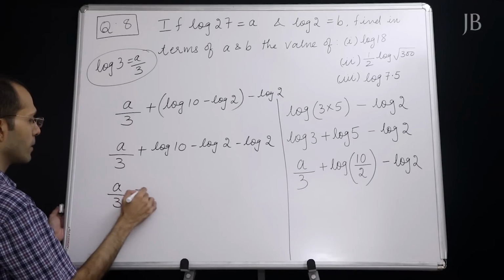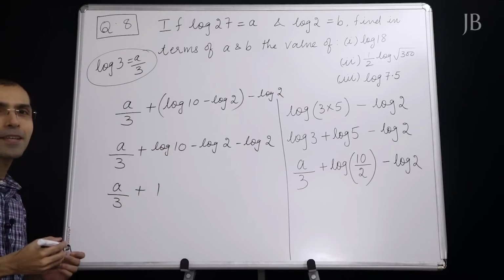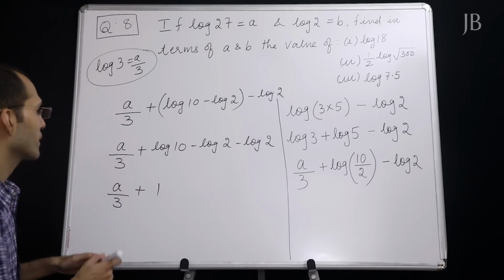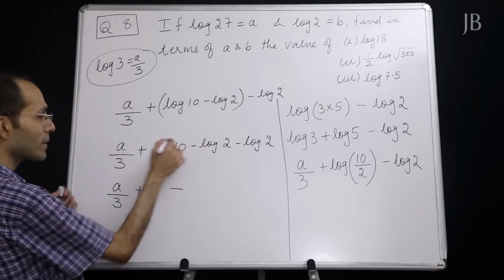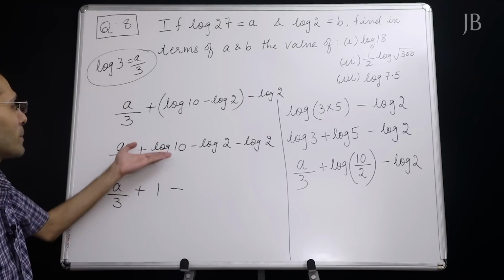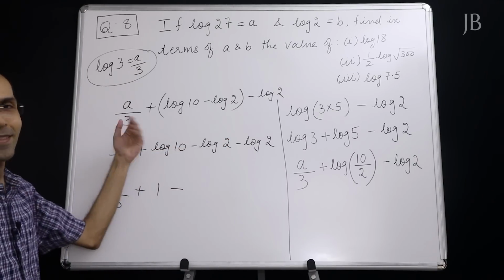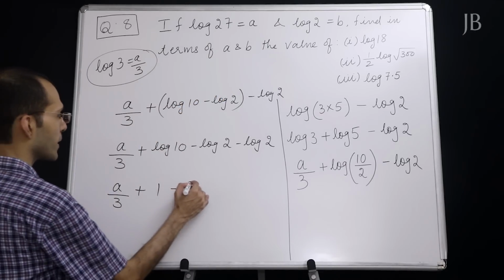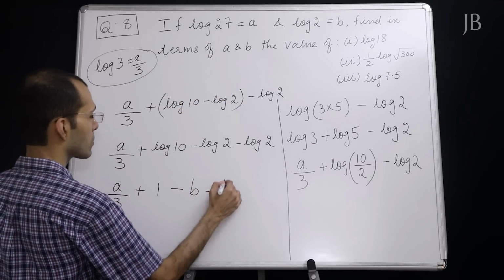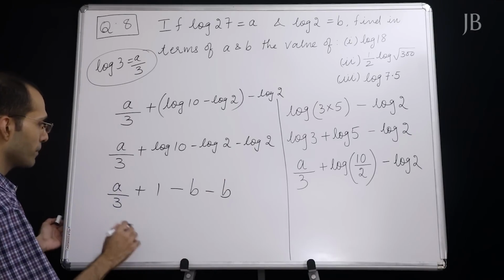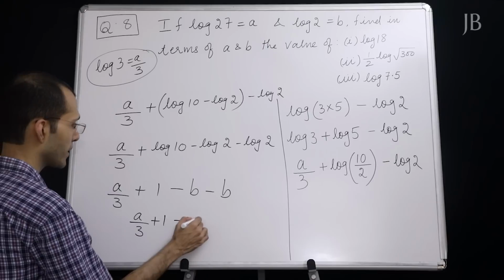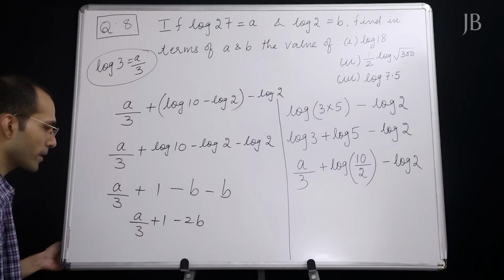A by 3, log of 10 will be 1 because log 10 to the base 10 is 1. So this is the way it helps us. So this becomes independent of all these. Log 2 we know how much? b. So minus b, again minus log 2. So again minus b, no harm. This will be a by 3 plus 1 minus 2b.